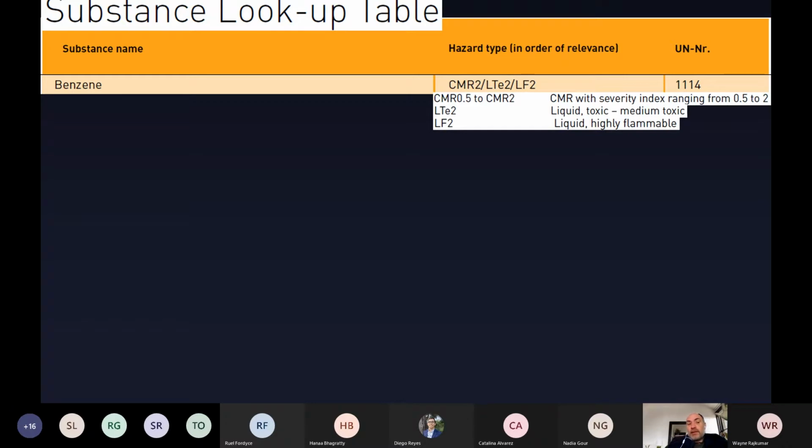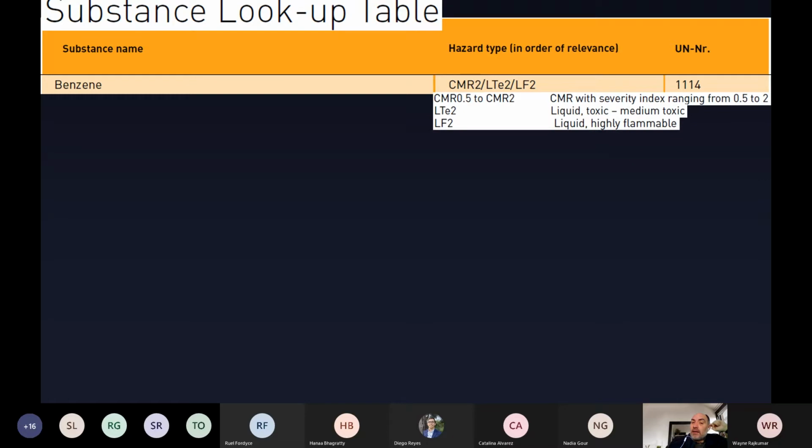We have the substance. We now know that we are dealing with benzene. The hazard type. We have these kinds of types, and we have the UN number. What is this kind of hazard? CMR2.